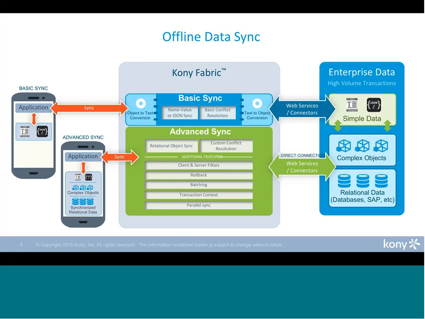What an advanced synchronization capability will do is have a relational object model. You're not dealing in terms of just text, you're dealing with everything in terms of models. You'll have the ability to specify filters and say exactly what data you want and what to send. In case there is an issue, you will want to be able to roll back to the last synchronized state.